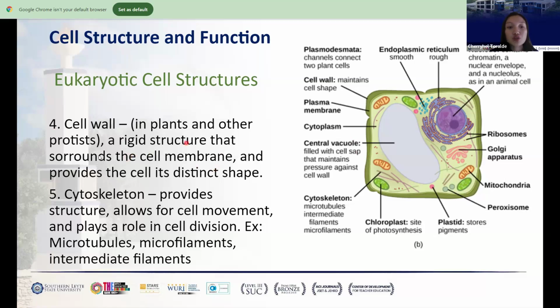This is a rigid structure that surrounds the cell membrane and provides the cell with its distinct shape. So if you can still remember the laboratory, the shape of the onion cells and also the snake plant cells, they are very distinct, polygonal or rectangular. And that's because of the cell wall.